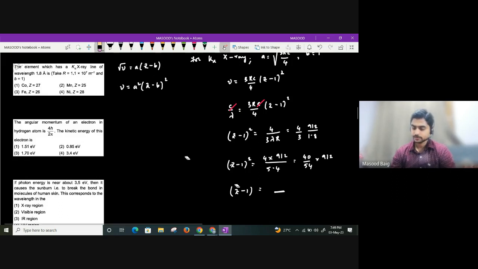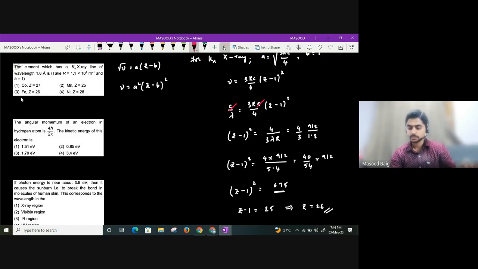How much is root 675? 25, no? So Z minus 1 whole square, you will get as 675, guys. So I'll get Z minus 1 as 25, which implies the Z value will be 26. So you will get the answer as iron, whose Z value will be 26 again.